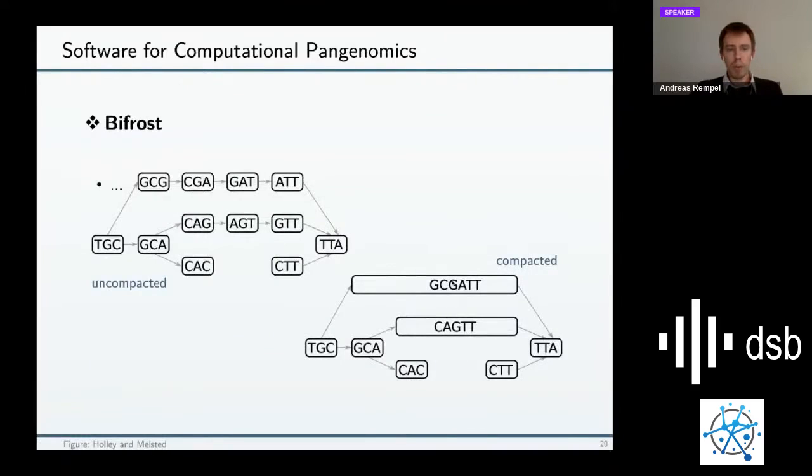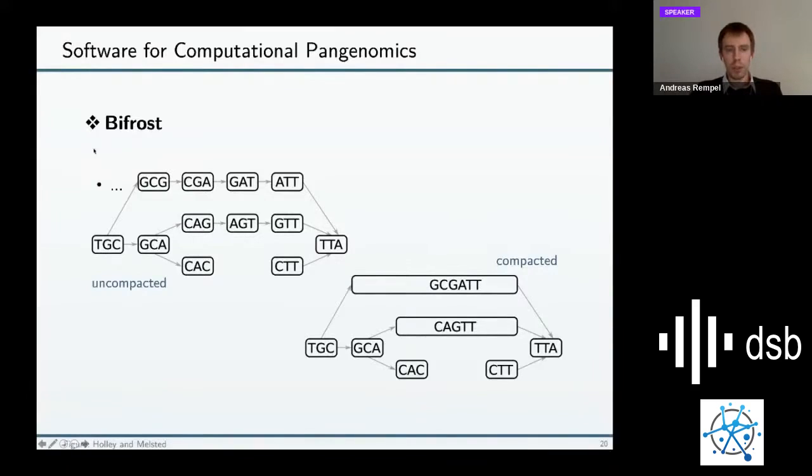Now let's come to graph-based approaches. We've already seen in the previous talks the data structure called the de Bruijn graph, which you can use to nicely represent k-mers as a graph, with neighboring k-mers connected by edges.